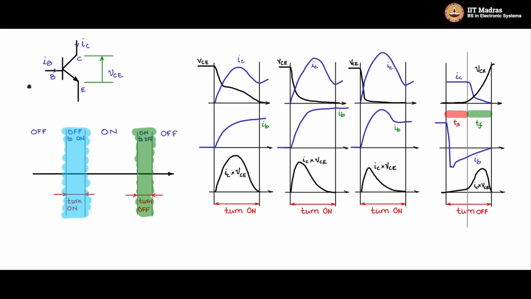Only then can the base charges be removed. If we give a base drive for the BJT where the currents are of this shape, then you will be generating a proper base drive for the BJT. So keeping this background in mind, let us design some base drives for the BJT.